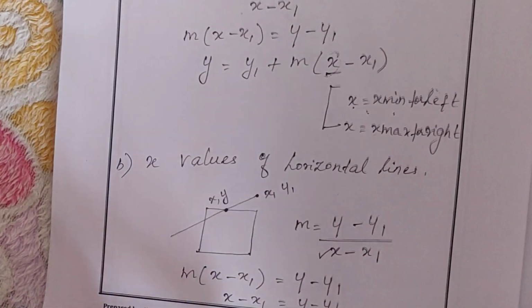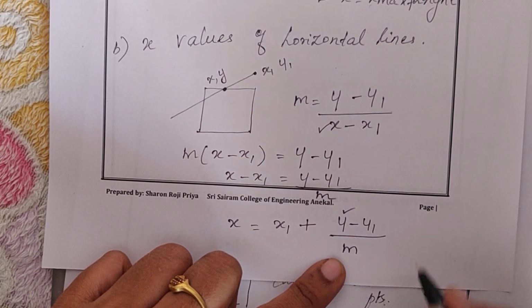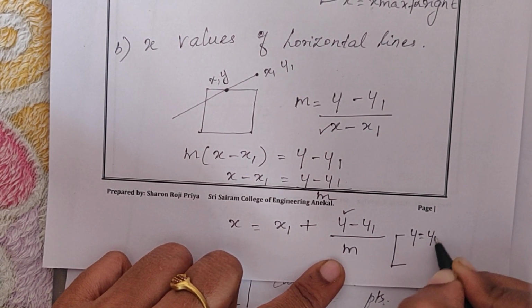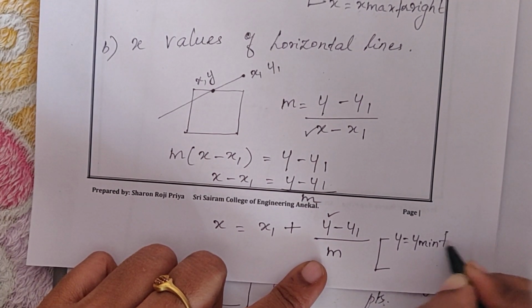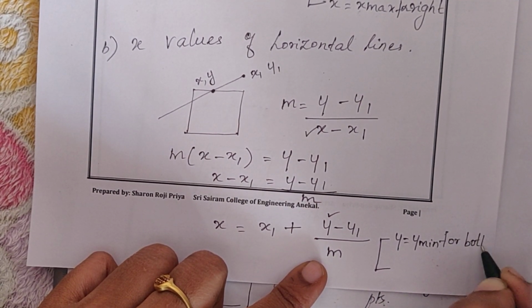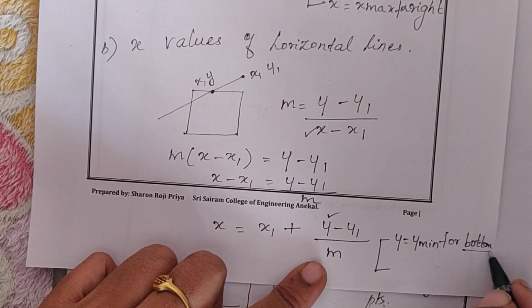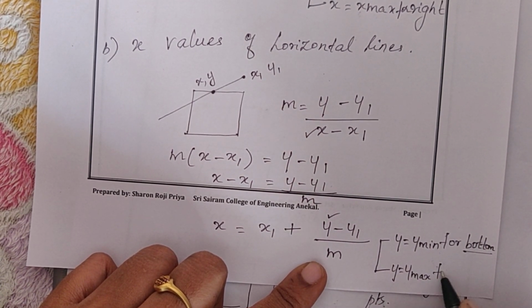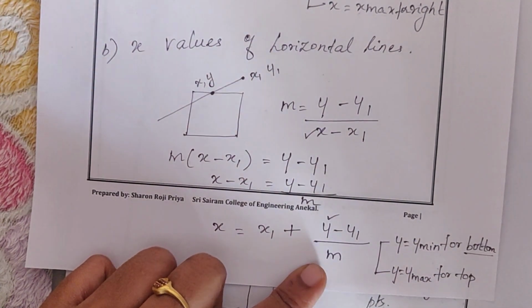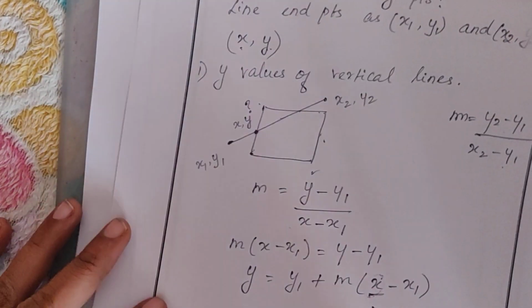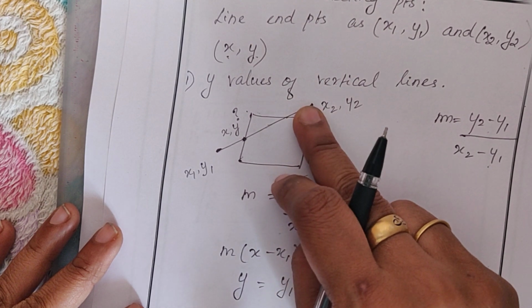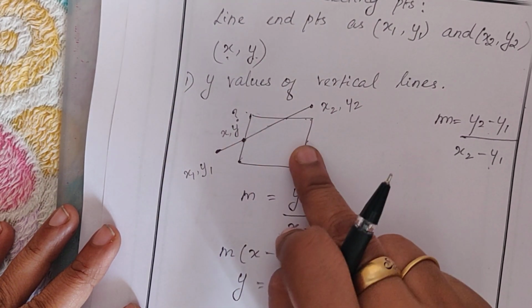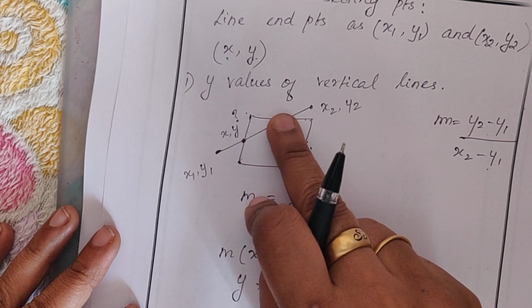Now coming to this y value, it can be y is equal to y min for the bottom boundary of my clipping window, or y is equal to y max for the top boundary of my clipping window. See here, my line is intersecting with the top boundary of my clipping window. This is the left boundary, right boundary, bottom boundary and top boundary.